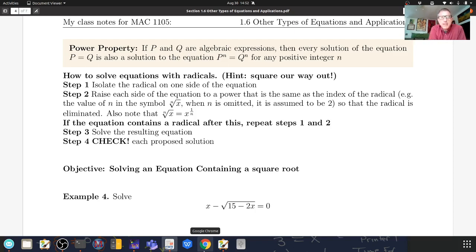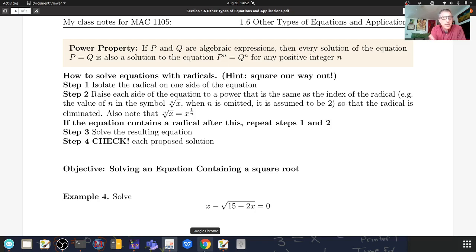So if P and Q are algebraic expressions, not equations, but expressions. So you can imagine P being a polynomial and Q being a polynomial in the exact same variables. Then every solution of the equation P is equal to Q is also a solution to the equation P raised to the nth power is equal to Q raised to the nth power.